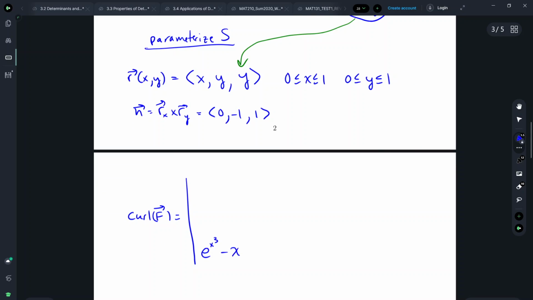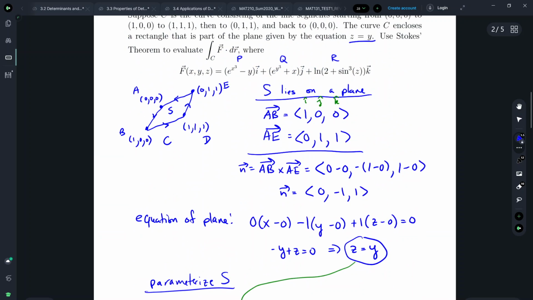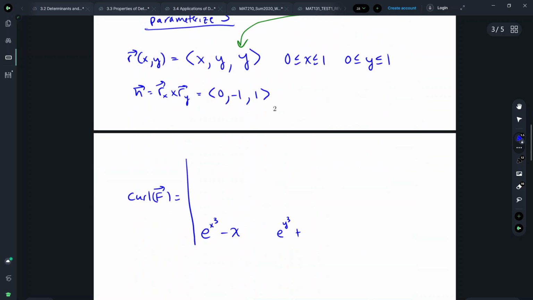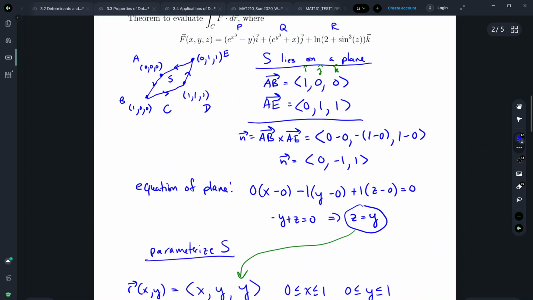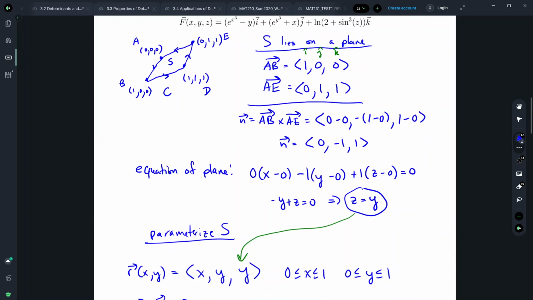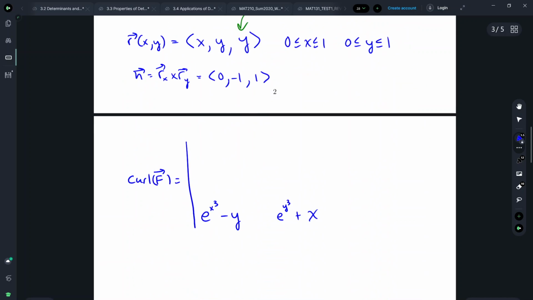And then Q was e to the y cubed. Oops, this was a minus y. And this is a plus x. And then finally R is the natural log of 2 plus sine cubed z.